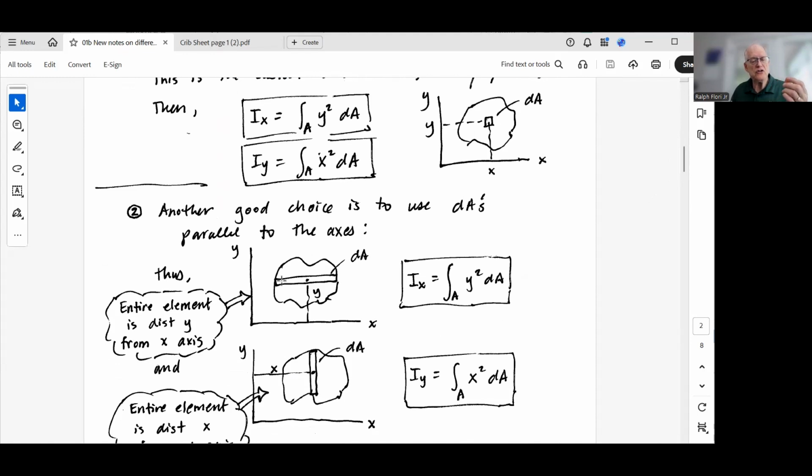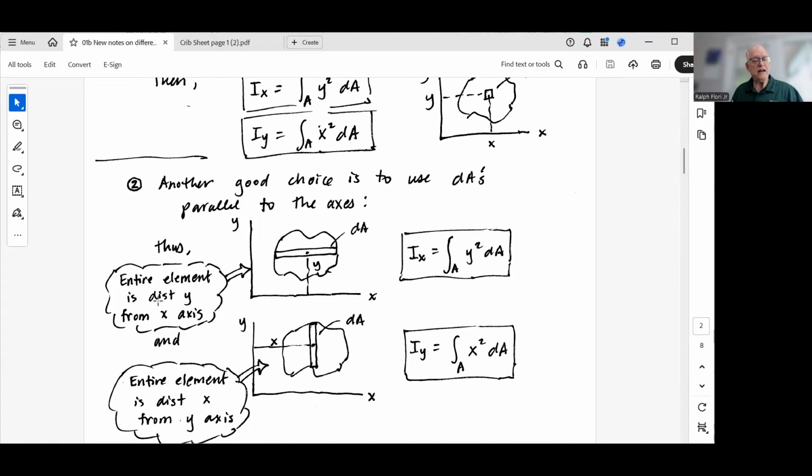Another approach that also works, and leads you to a single integral, is if you're looking for Ix, choose an element that's parallel to the x-axis, where the entire element is a distance y from the x-axis. So Ix, in this case, is the integral of y squared dA. The dA is like x right minus x left times the dy, and y squared is y squared. And so that works.